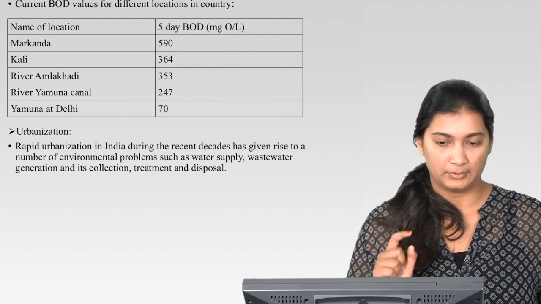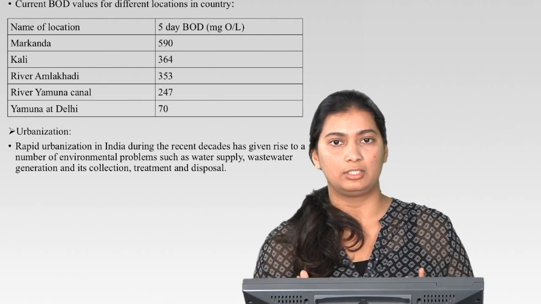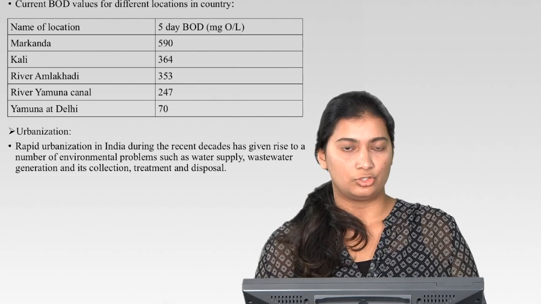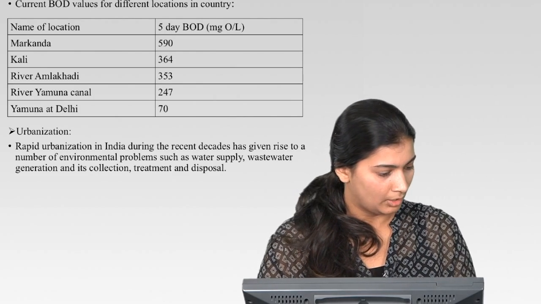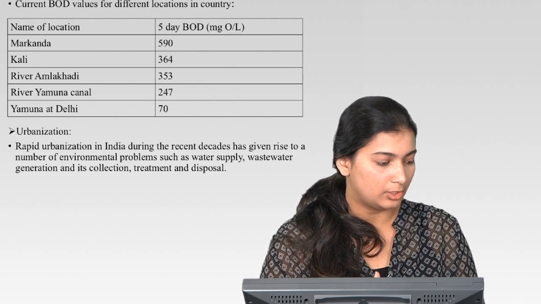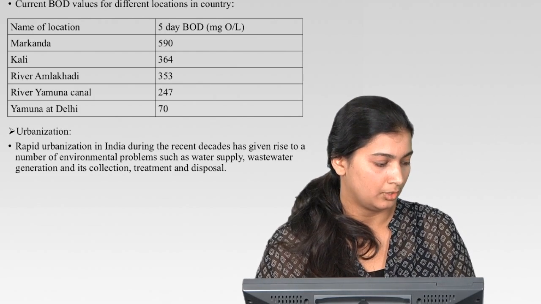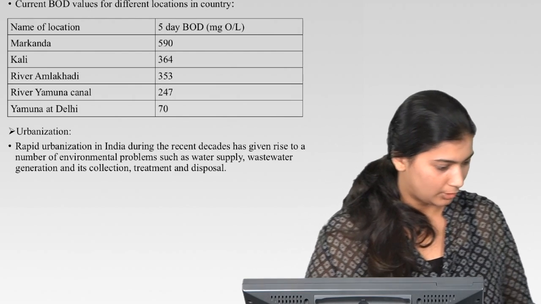There are really populated areas and regions around the river Ganga, and the Ganga river basin contributes about 1/3 of the total wastewater of the entire India, which is a serious issue.